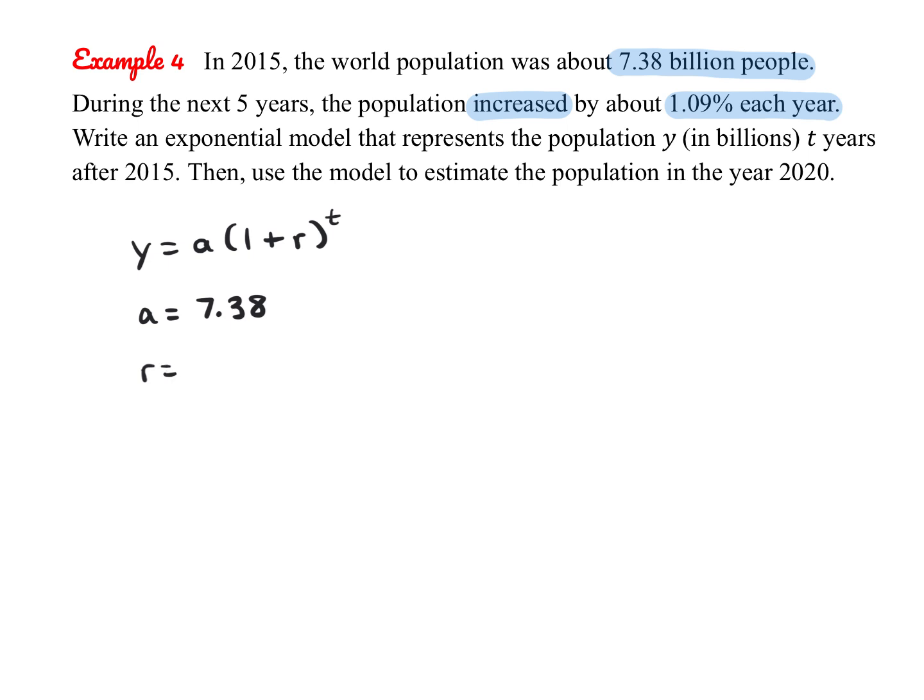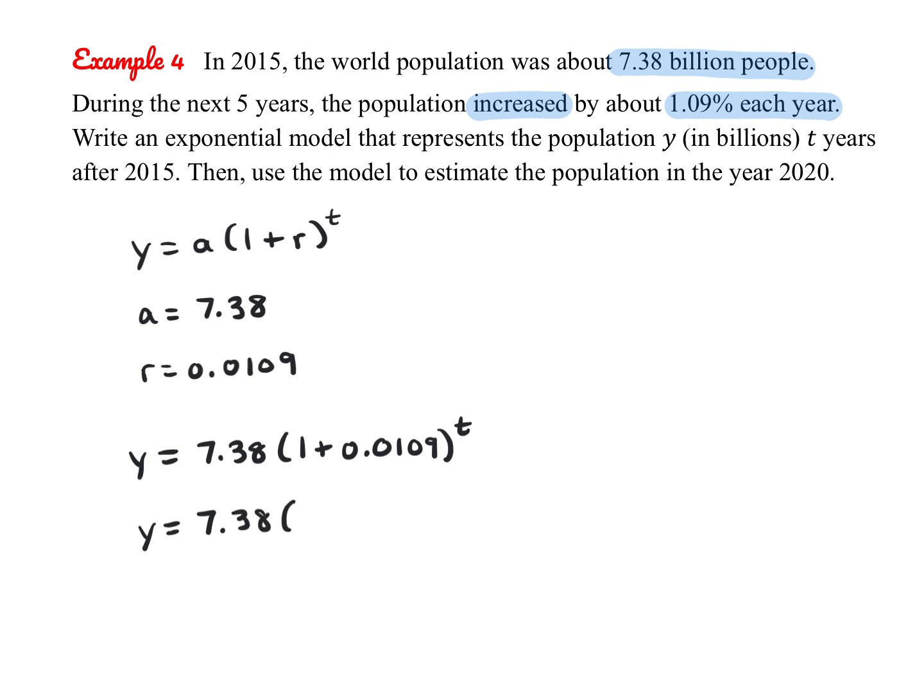So our r value is going to be 0.0109. And then t is our independent variable, so we leave it as t. So we have y equals 7.38 times 1 plus 0.0109 to the power of t. And I guess we can actually add those two numbers together for our final model, 1.0109. So this is our model.